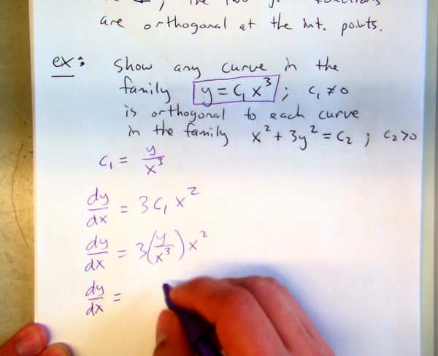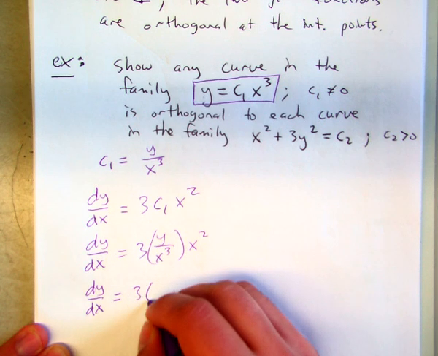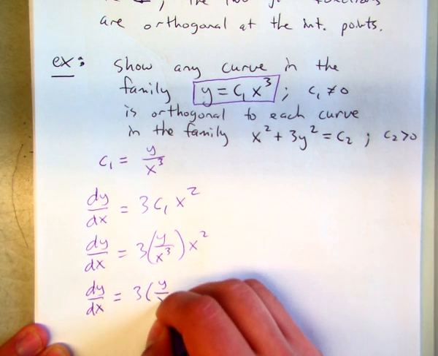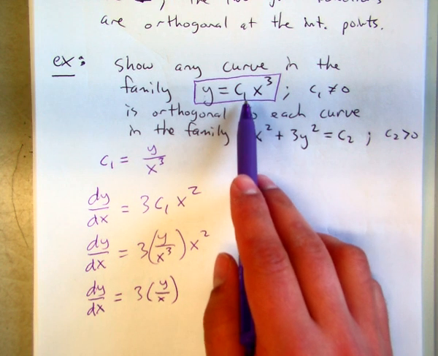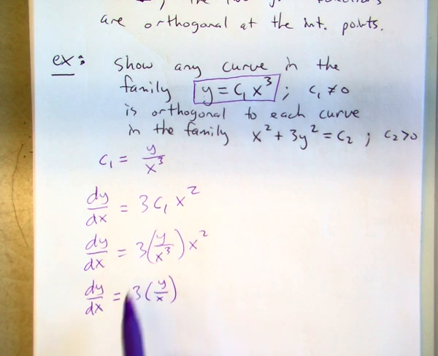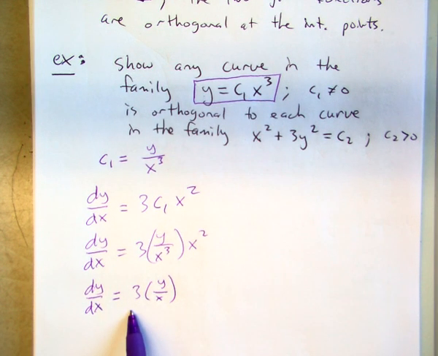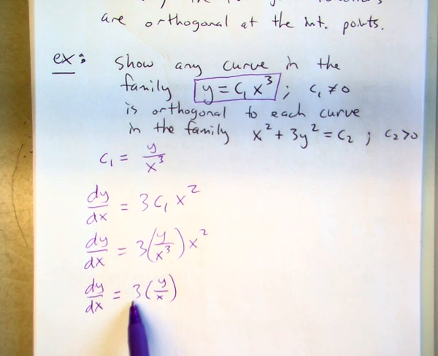When we simplify, we get 3 times y over x. So for the first family of curves, we found that the slope at all their points was 3 times y over x.